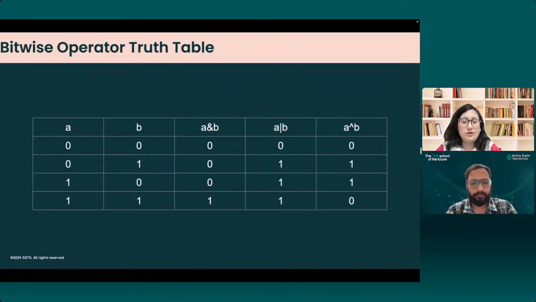If two different operands are there, then XOR is going to give you a 1. Similarly, for 1, 0, again XOR is going to give you a 1. OR is also going to give you a 1, but AND is going to give you a 0. Finally, when both the operands are 1, then AND is going to give you a 1, OR is also going to give you a 1, but XOR is going to give you a 0. That is the difference in the output that you're going to see over here.